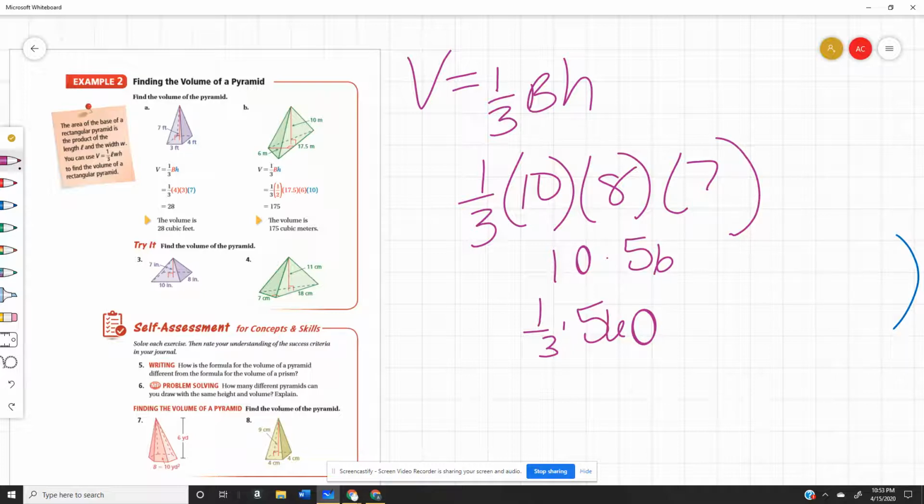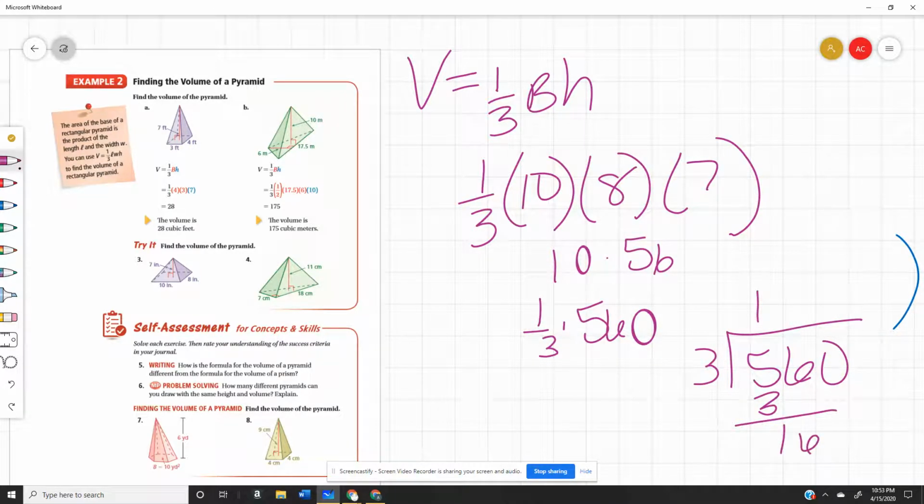So basically, I'm going to take 560 and divide it by 3. 3 can go into 5 once. It can go into 16 5 times. It can go into 10 3 times. And I end up with 153 and 1/3, or 153.3 repeating.